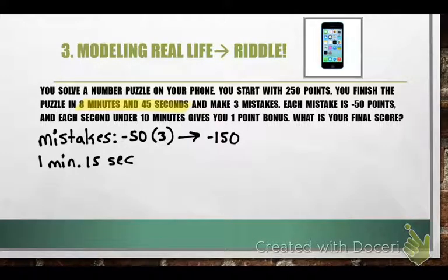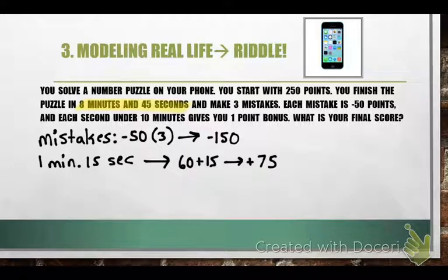How many seconds is that total? 75, because 1 minute is 60 seconds. So we know that is 60 plus 15, which is what? 75. Are those positive or negative points? Those are going to be some positive points.